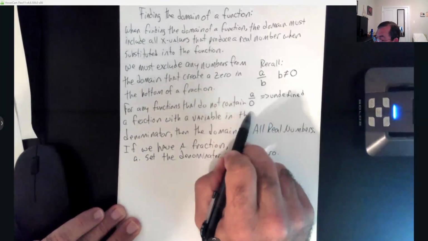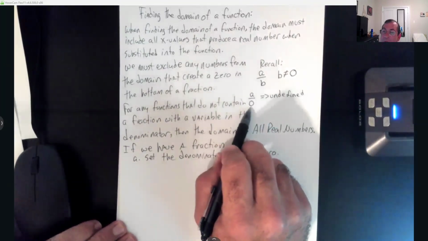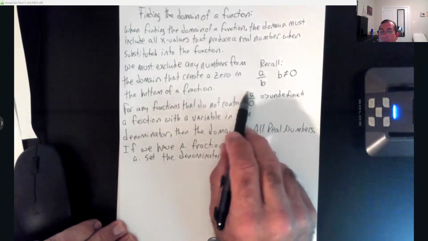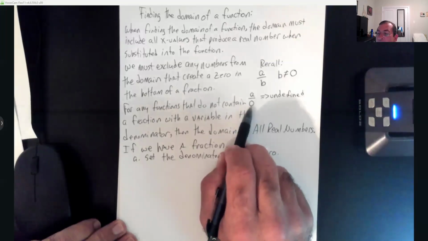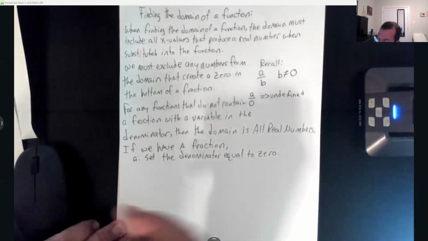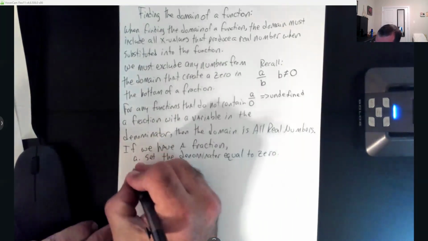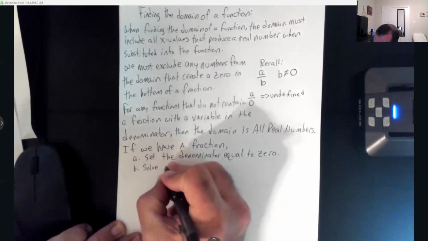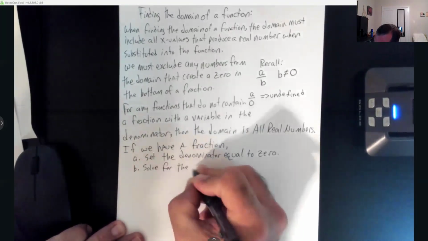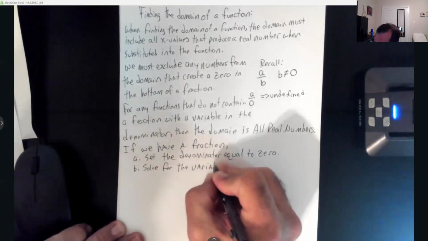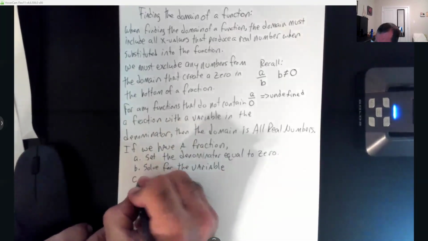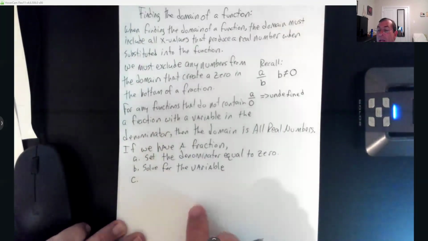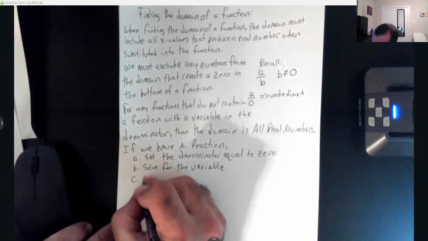Because y'all remember, the denominator is the only thing that can't be 0. So we don't care about the top of the fraction. We're only worried about any numbers that'll make that bottom equal 0. So we're going to set the denominator equal to 0. We're going to solve for the variable. And then finally, we're going to exclude any of those solutions from the domain.